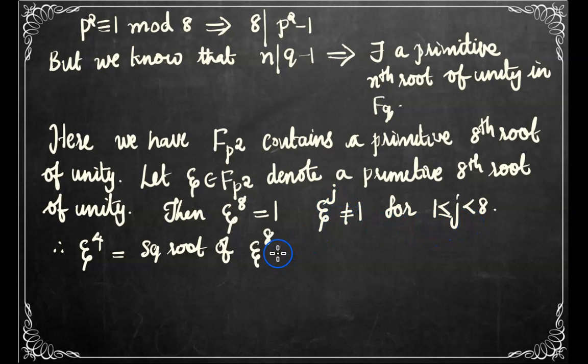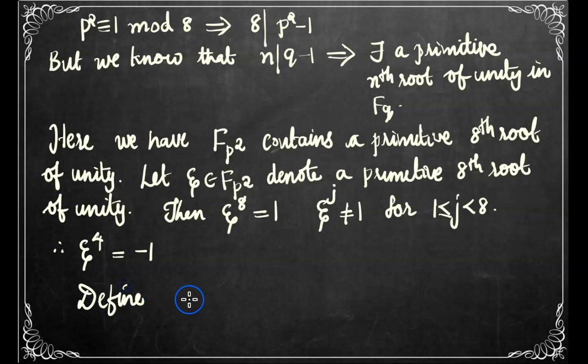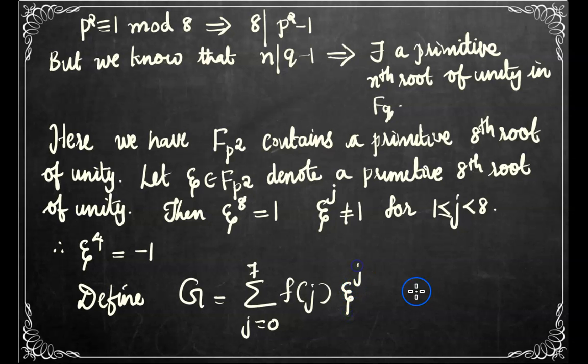So, the only possibility is that this must be equal to minus 1. Now, we define a Gaussian sum G equal to the sum over j from 0 to 7 of f(j) times zeta^j. This is in fact a Gauss sum, which is a finite sum involving roots of unity.